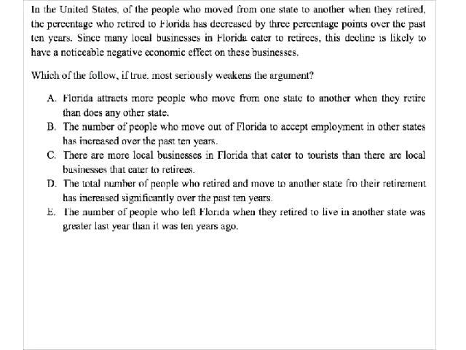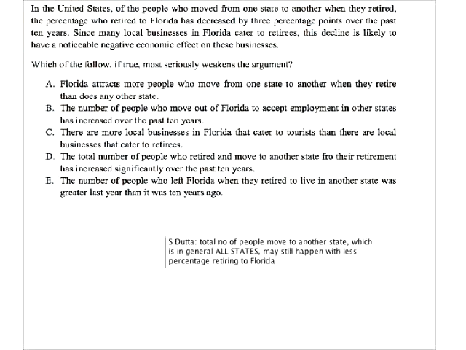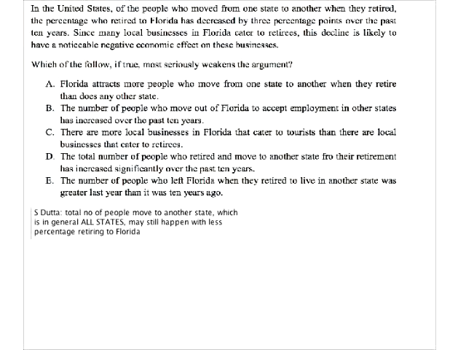So here's the problem again, fresh screen. There's a couple of comments that I don't really understand what people are saying, but I will try. Total number of people may still happen. Maybe you could explain that a little bit more.